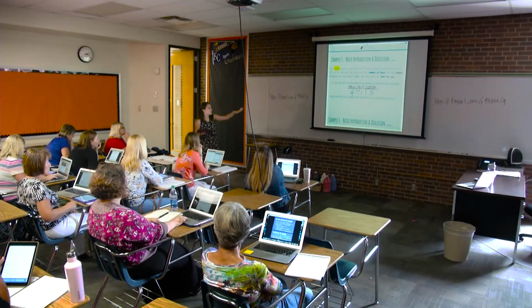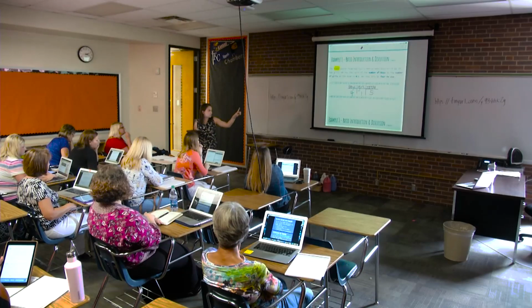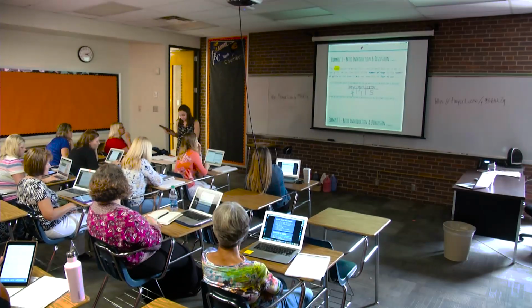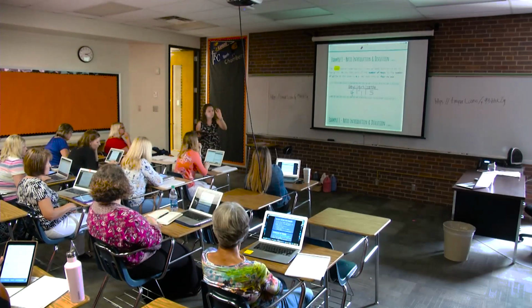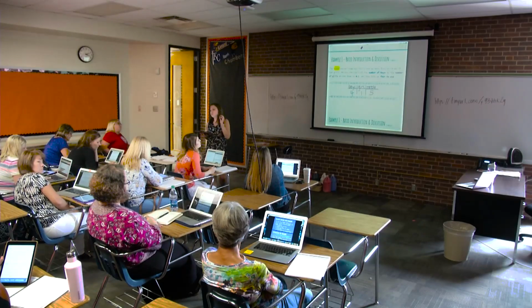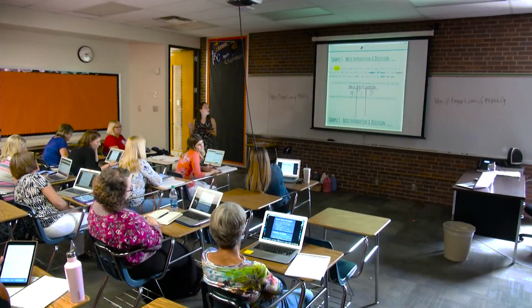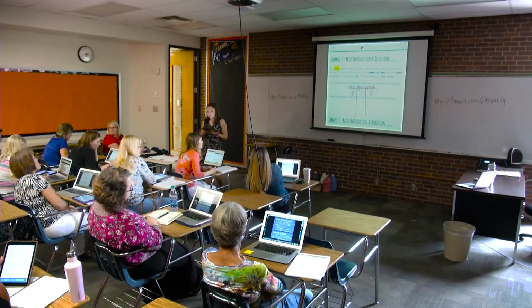So having them think, what are some other ratios that we could have? So then I would have the students turn and talk. Turn and talk real quick with somebody sitting next to you. What are some other ratios that you could fill in this table with? What are some other numbers that you could put into this table?